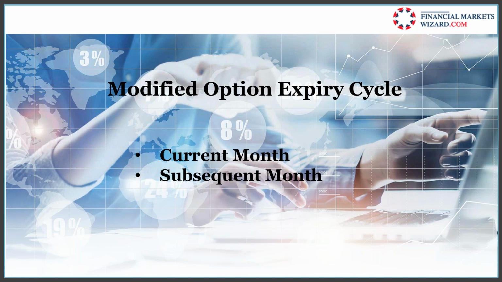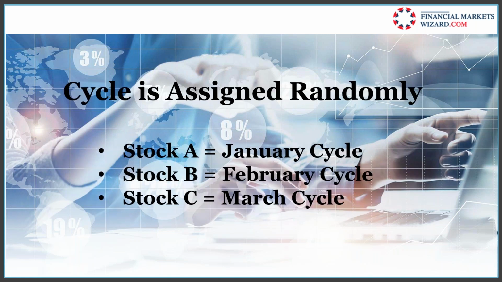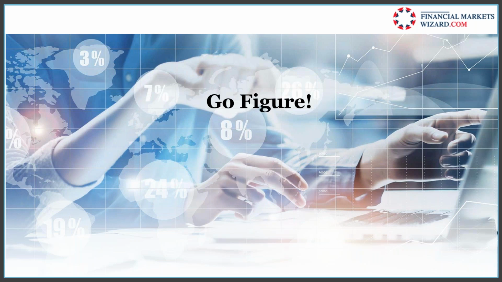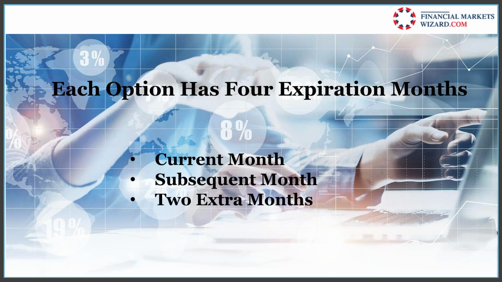That's why in the beginning I mentioned, if you look at this, each option has 4 expiration months: current month, subsequent month, and 2 extra months. Those 2 extra months come from the option cycle to which the stock belongs.